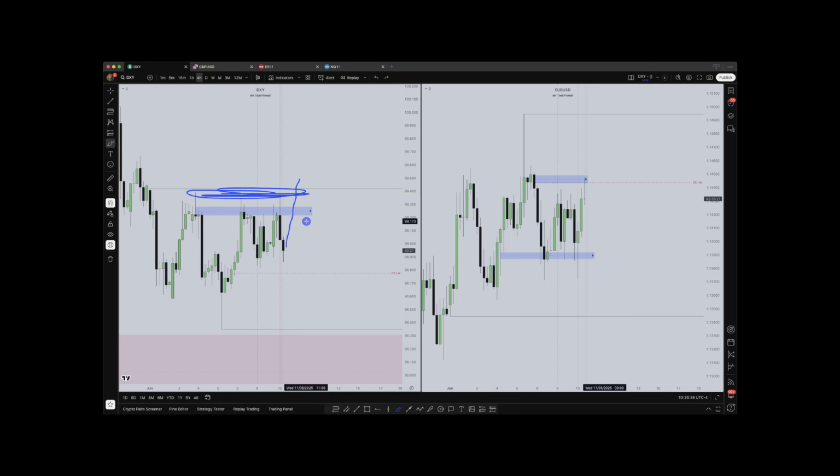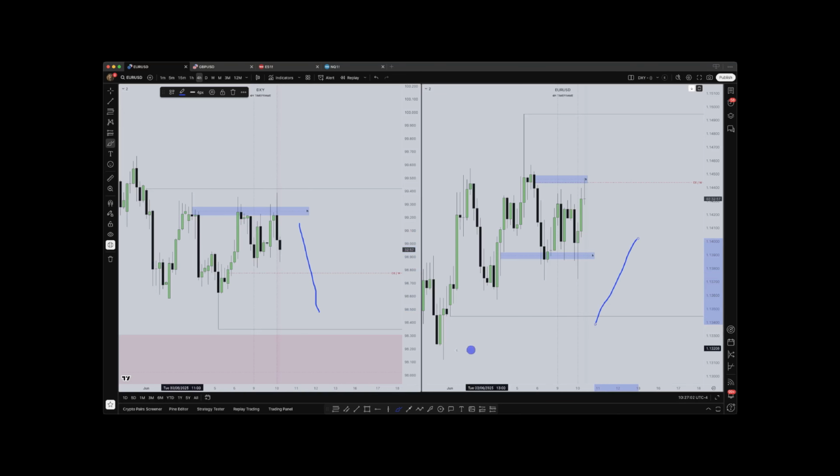Okay, so remember, if dollar goes higher, EUR/USD, GBP/USD, anything USD makes the difference. It just goes in a different direction. So if dollar goes lower, USD pairs go higher.